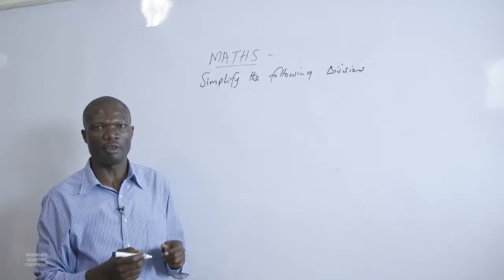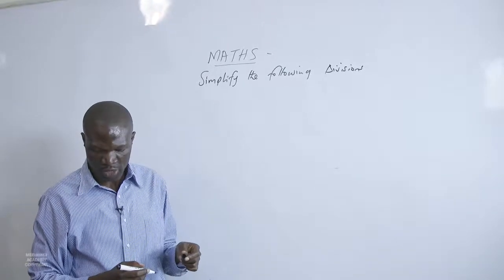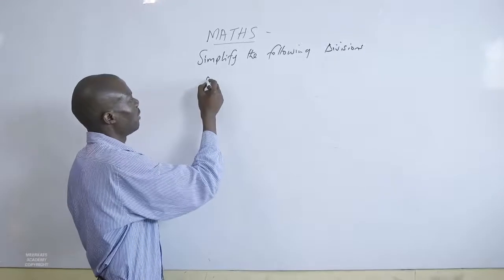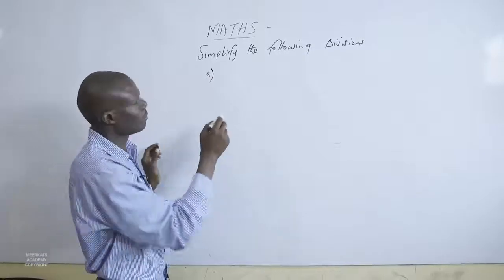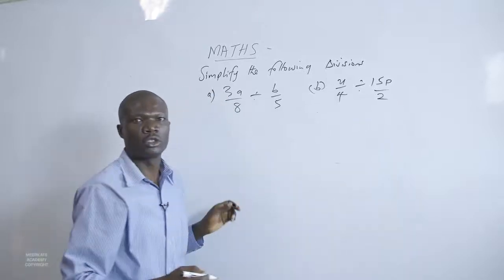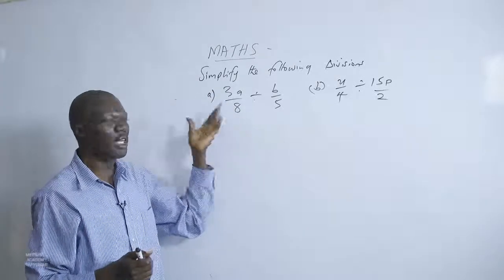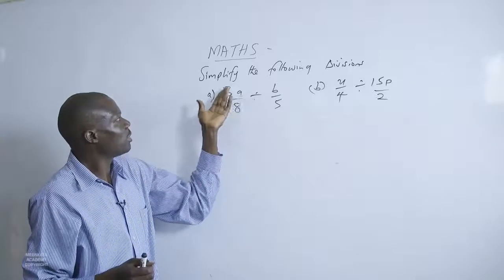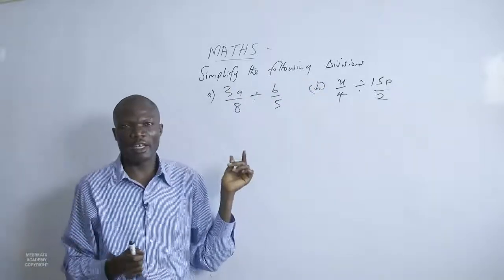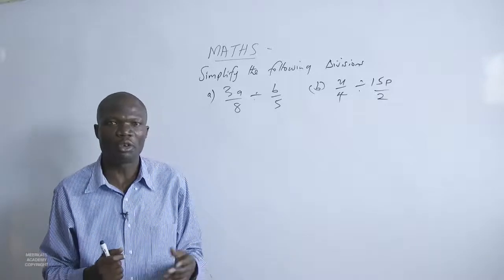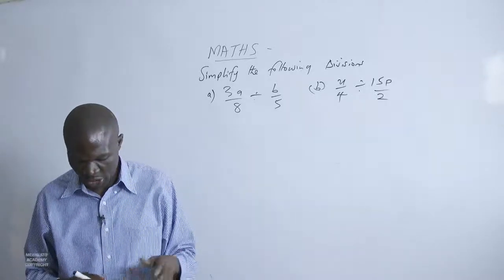We are to simply simplify the divisions, that is 3a over 8 divided by b over 5, and u over 4 divided by 15p over 2.